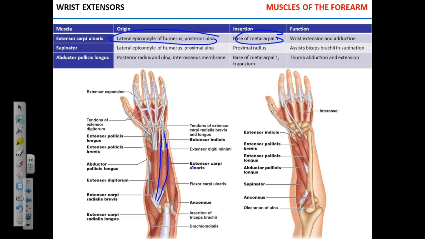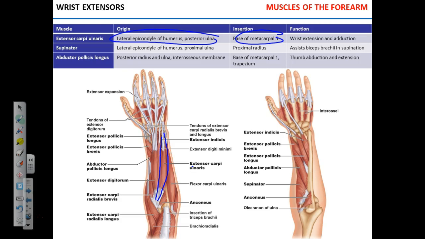Wrist extension. Now, before we move on, I want to show you how you can go around the forearm. You find brachioradialis, which is 20, and then you go starting with pronator teres, P. Then flexor carpi radialis, F. Then palmaris longus, P. Flexor carpi ulnaris, F. Then you get your extensors.